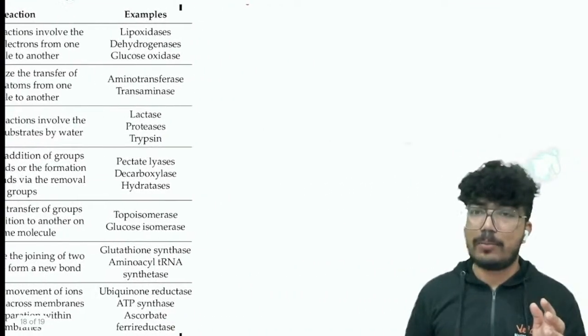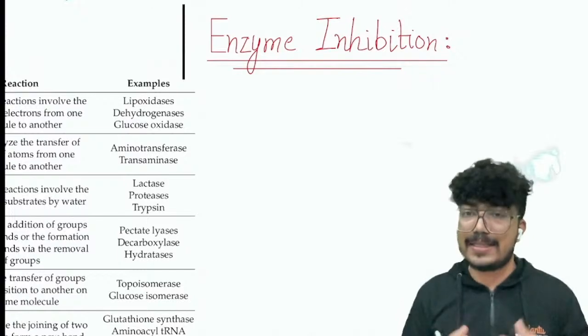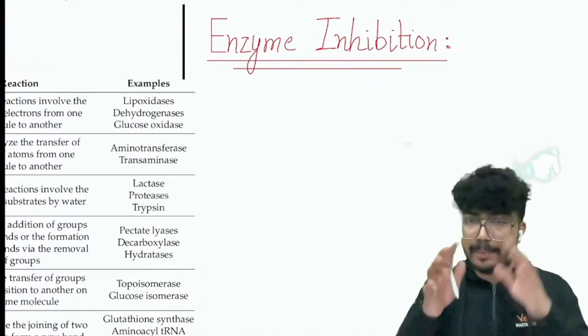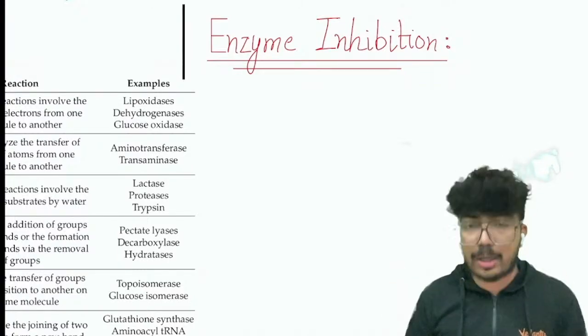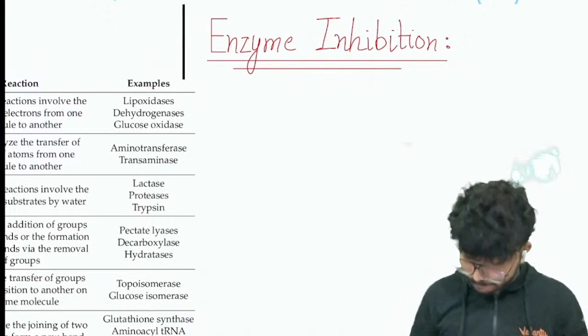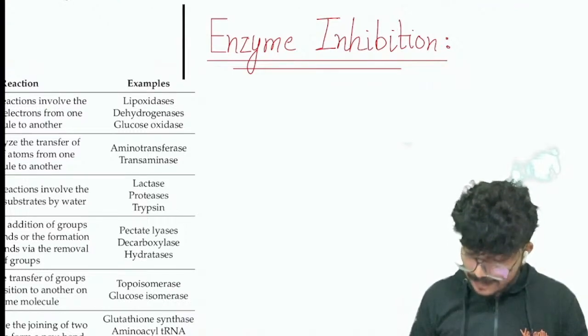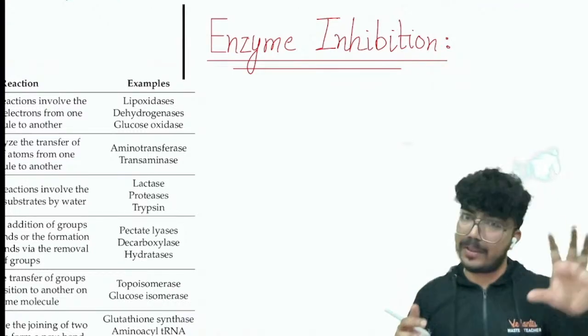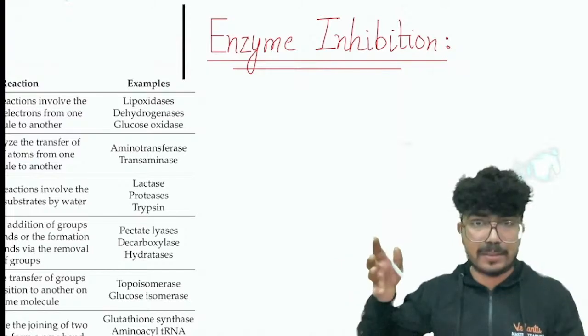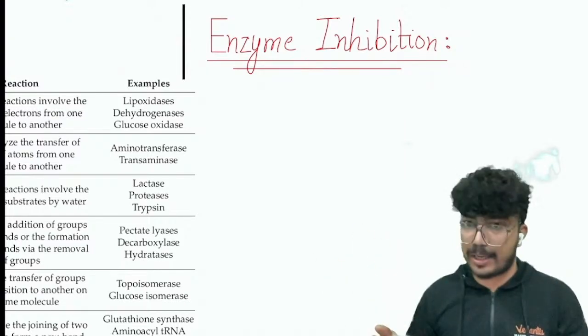Okay, now we can move to the last topic, that is enzyme inhibition. So I'll make a flow chart for you first. We are talking about the enzyme inhibitors. Enzyme inhibition can be reversible inhibition, or irreversible inhibition, or allosteric inhibition.